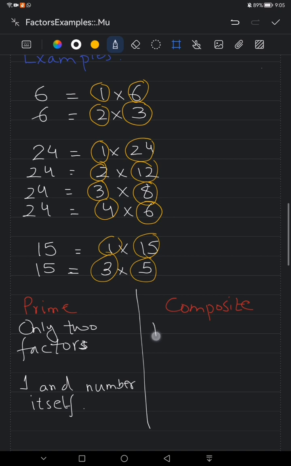And composite has more than 2 factors. They could be 3, they could be 4, 5, 6, depending on in how many tables that number comes.